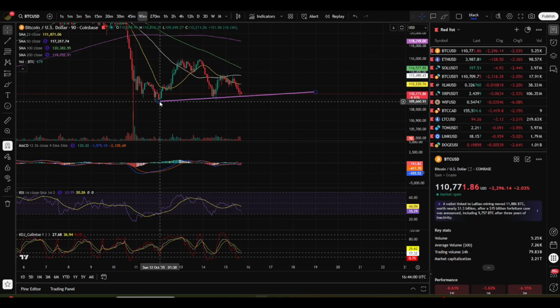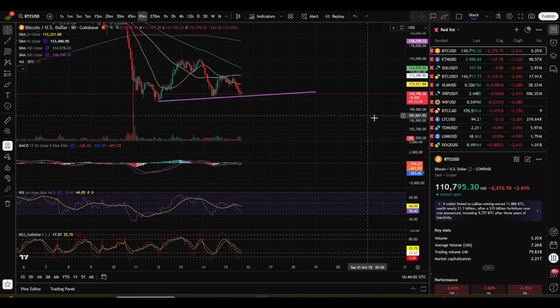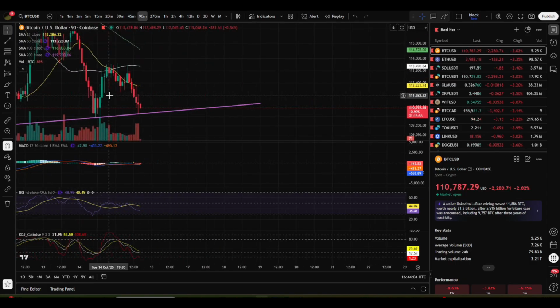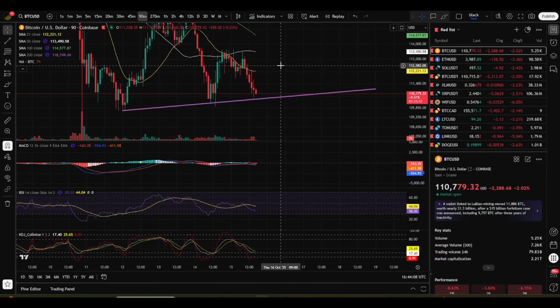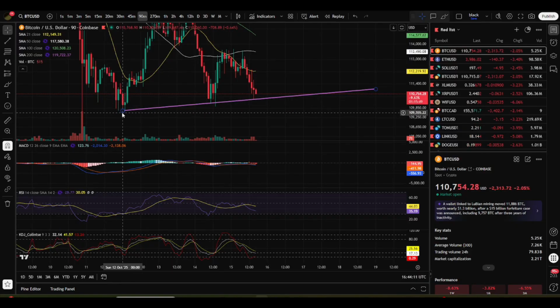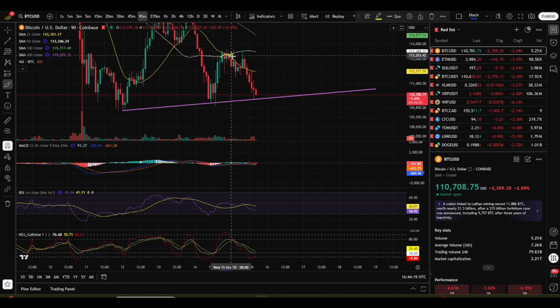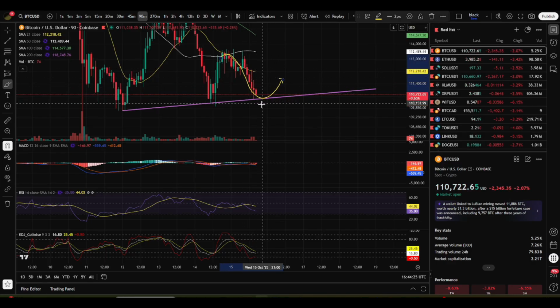We'll discuss how each touch kind of certifies, if you want to say it, this trend line as a real trend line. You have 1, 2, 3, 4 touches, and now a fifth touch on this trend line. So that indicates that this is going to start to bottom out along this trend line again.